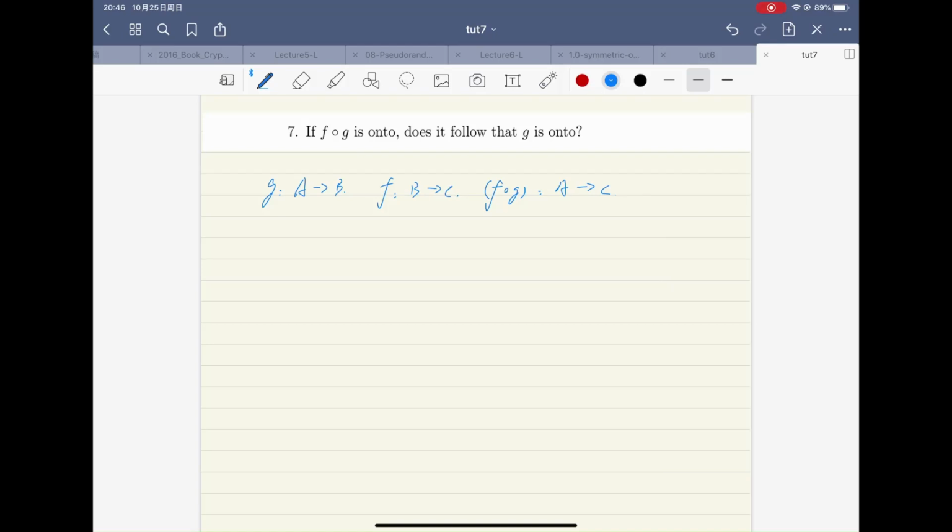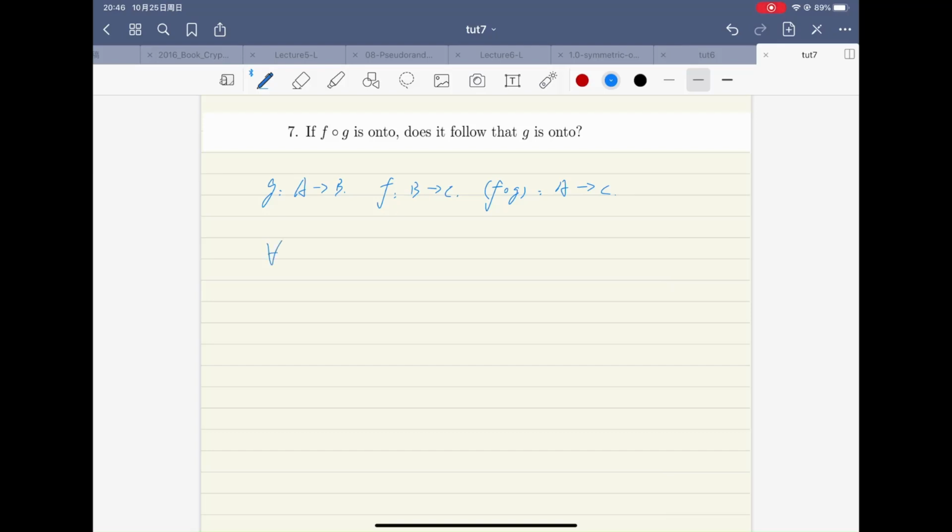What does that mean? That means for every element c in the codomain C, there exists at least one element a in the domain A such that f composite g(a) equals c. Let me write that down.